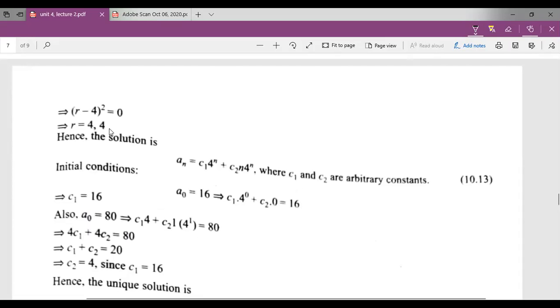In the previous problem, the roots of the equation were different. In this, the roots of the characteristic equation are equal. So when the roots are equal, the solution is an is equal to C1 4 power n plus C2 n into 4 power n.